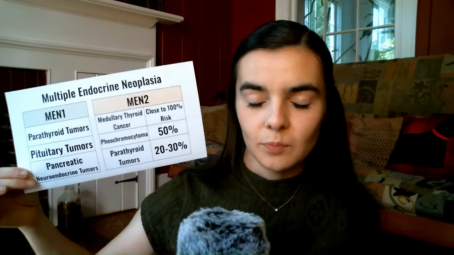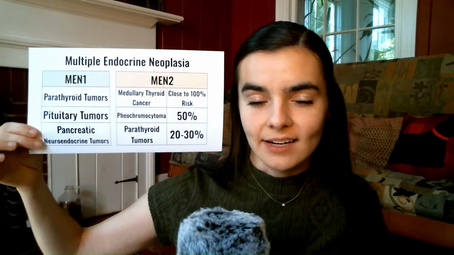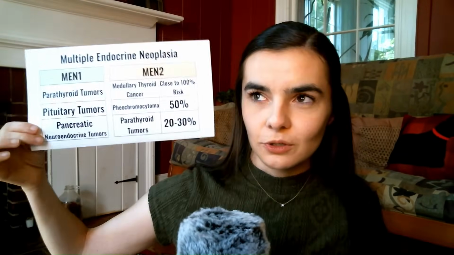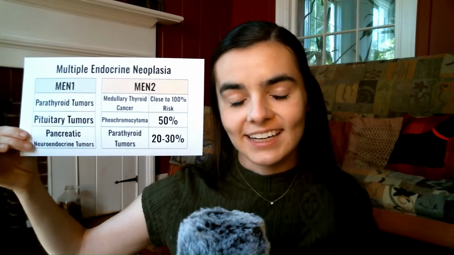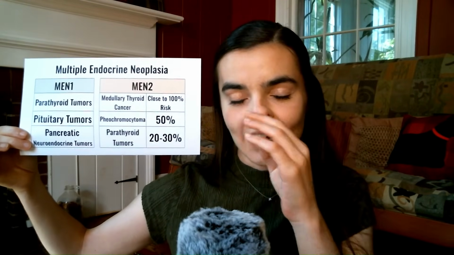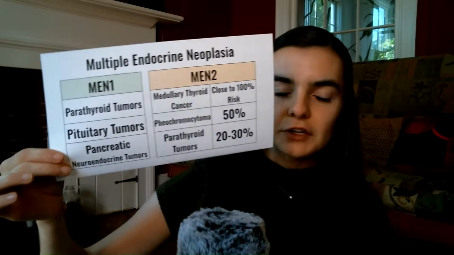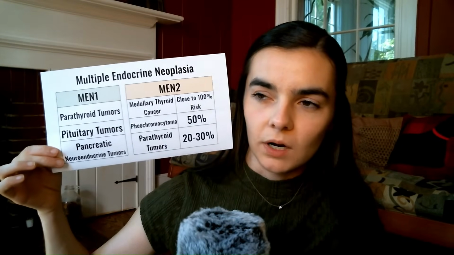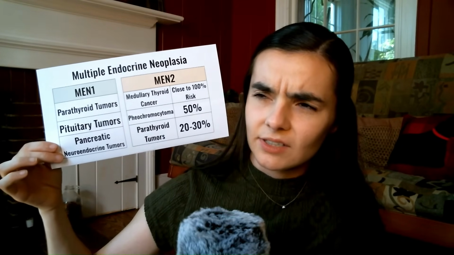So I actually had a patient come in and she wanted to know if she had MEN, multiple endocrine neoplasia, because she wanted to take Ozempic, and she knew that she wasn't supposed to take it if she had MEN. So there is an MEN type 4. I don't know if there's an MEN type 3. There has to be if there's a type 4, right?